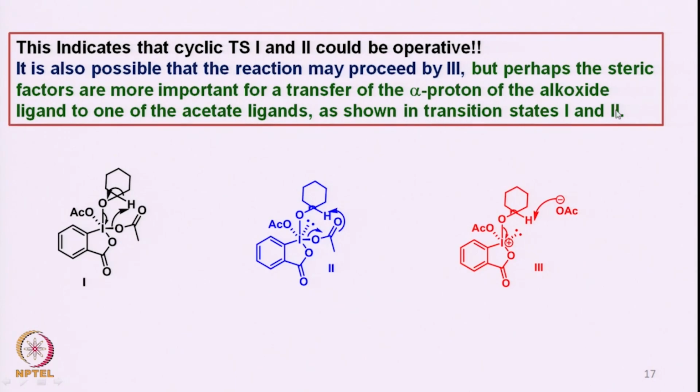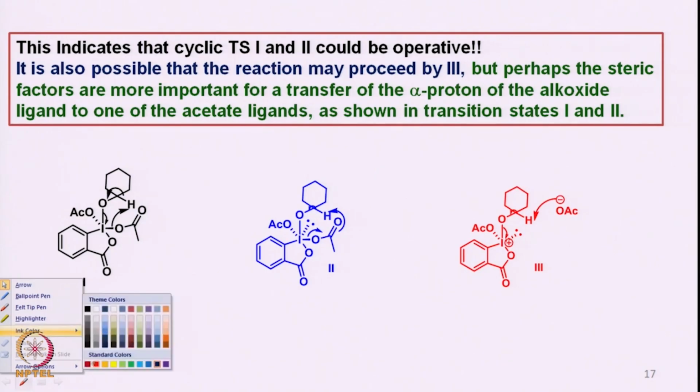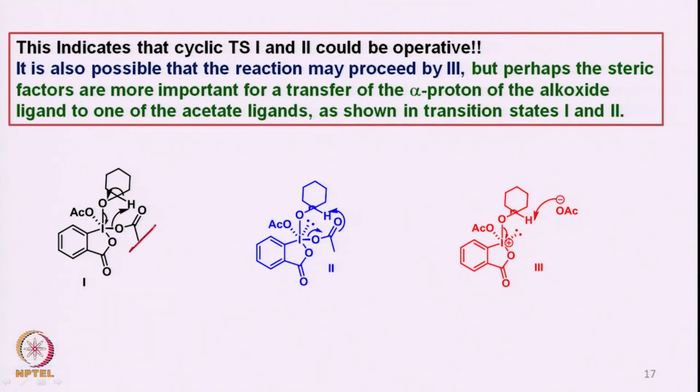So, basically what is happening is this acetate group here or this acetate group here allows the abstraction of a proton, whether via this oxygen over here, that allows the removal of the proton here via a 5-member transition state or a 7-member transition state.